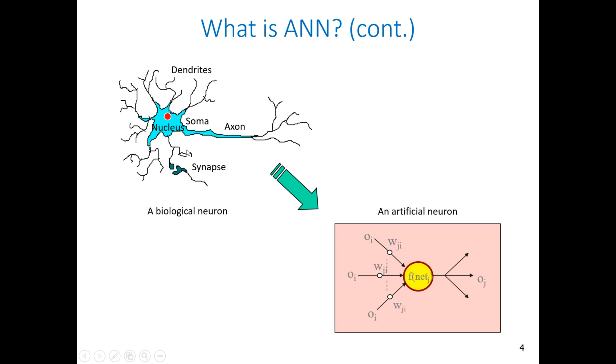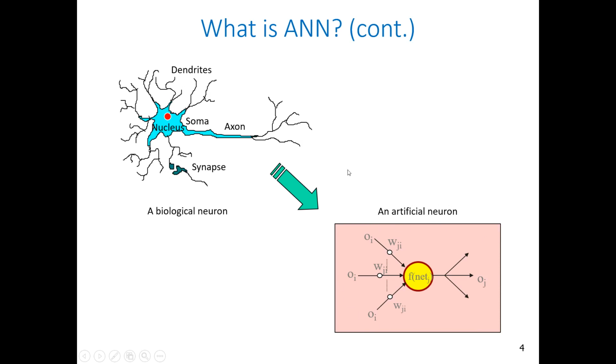And the connection between one biological neuron to another is called synapse. And as you can see, there's no physical connection, but the information is passed from one neuron to another through chemicals called neurotransmitters. And scientists have emulated this structure and discovered the artificial neuron.